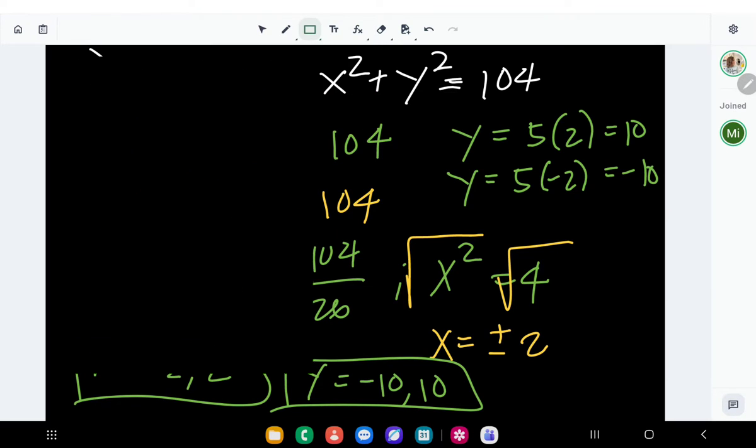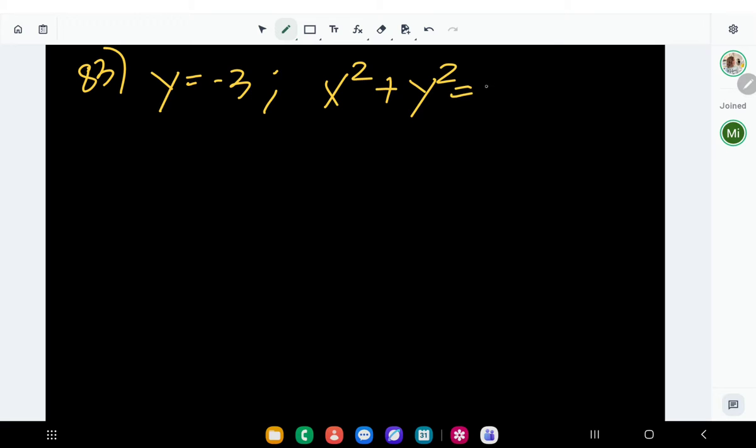Shall we move on to number 83? So number 83, y is equal to negative 3. Then x squared plus y squared equals 9. This is easy. So what are we going to do here? Okay, so we substitute there.